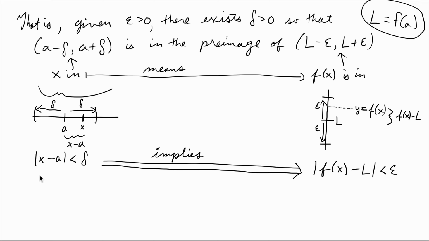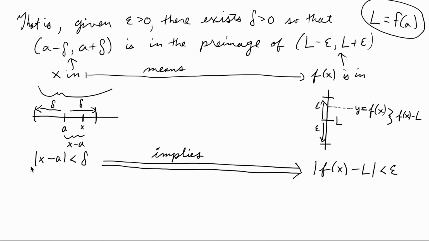That's nice because you can put a on the other side and you'll still get a positive distance. We want this distance to be less than delta. In particular, if x is equal to a, because a is in the domain, we're going to assume a is in the domain here, you'd get 0, and that would be really good.